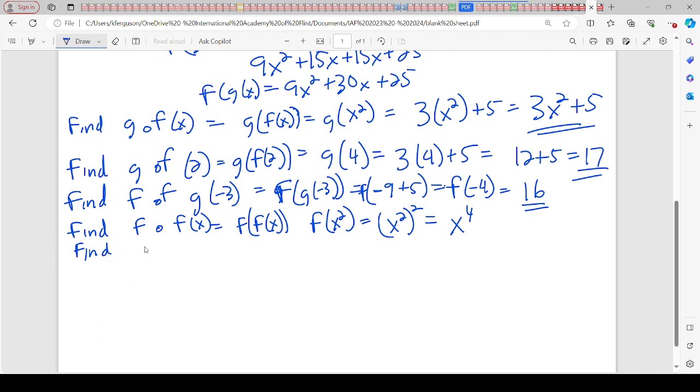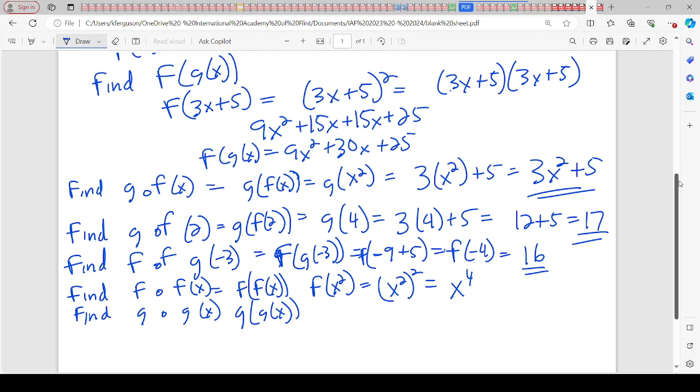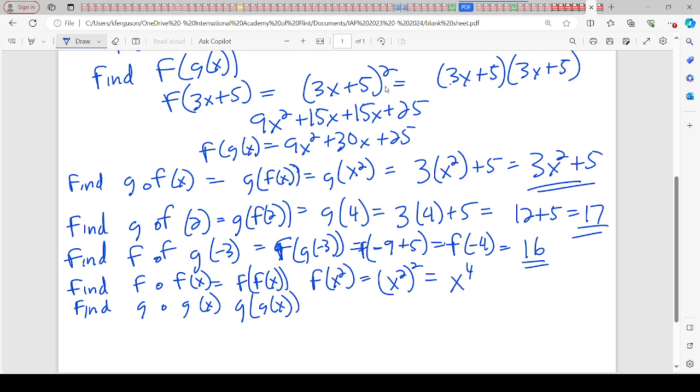If I find g of g of x, so what's the first g of x? Well, g is 3x plus 5. So I'm going to have g of 3x plus 5 because that's my answer.